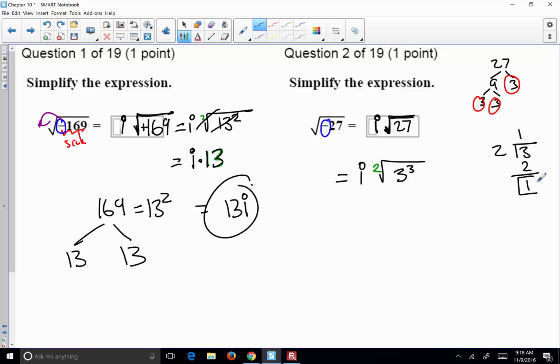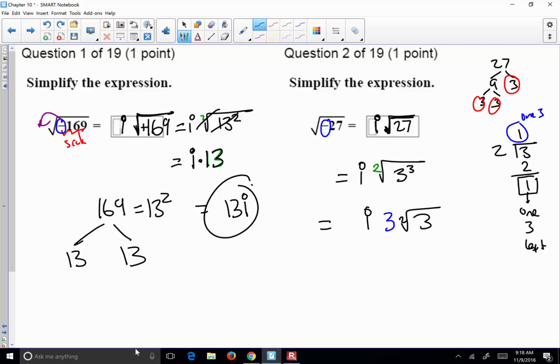Subtract. How many 3's left? 1, 3 left inside. So I will leave it here, 1, 3 left under the square root. How many is coming out? 1, 3 coming out. I brought 1 out, 1 in, and i.